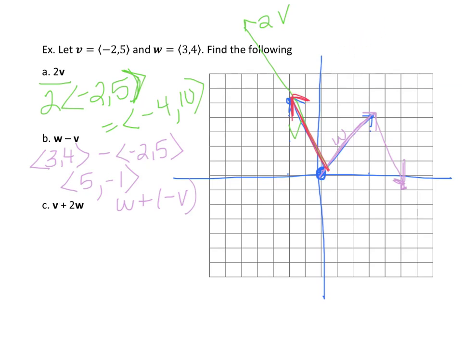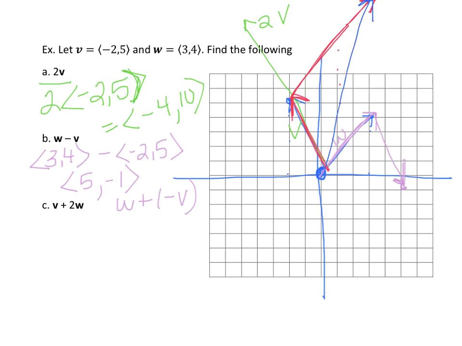So here's what it's going to look like. It goes over 3 and up 4. So 1, 2, 3, 1, 2, 3, 4. So it's going to go here, but it's going to go double that. So it actually goes a little further. And then when I add them together, I'm going to get this answer.